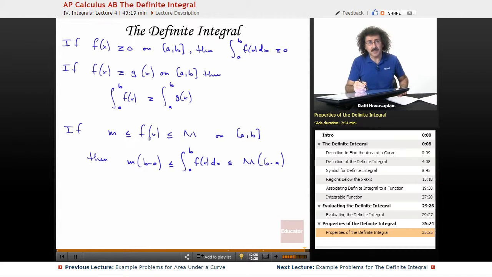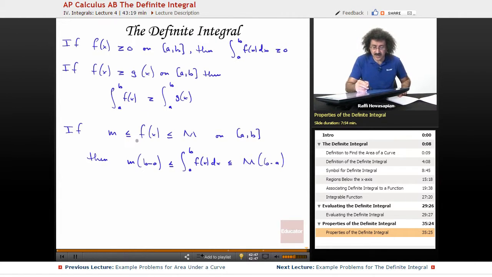If some function on this interval happens to have a lower bound and an upper bound, then the integral of that function is going to be greater than the lower bound times the length of the interval. It's going to be less than the upper bound times the length of the interval.